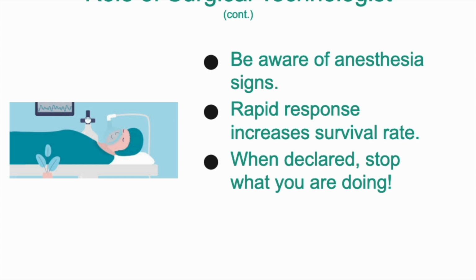If the procedure continues and you're in the first scrub role, stay sterile, monitor the surgical site, and assist as needed. You may also help by handing over iced saline irrigation.